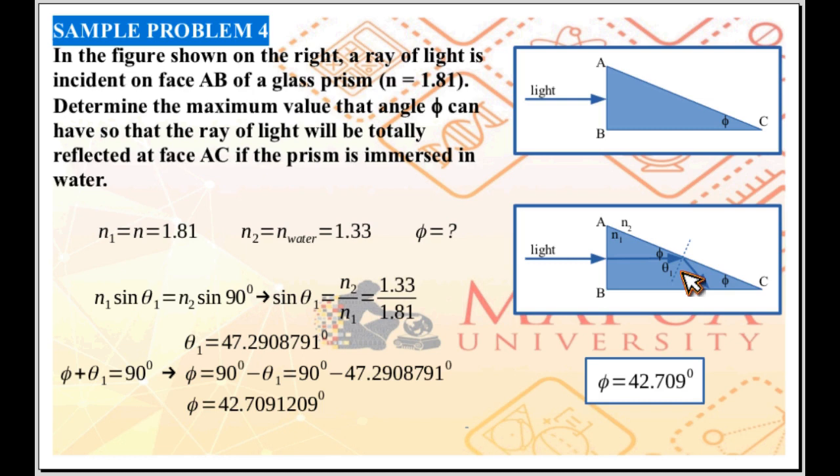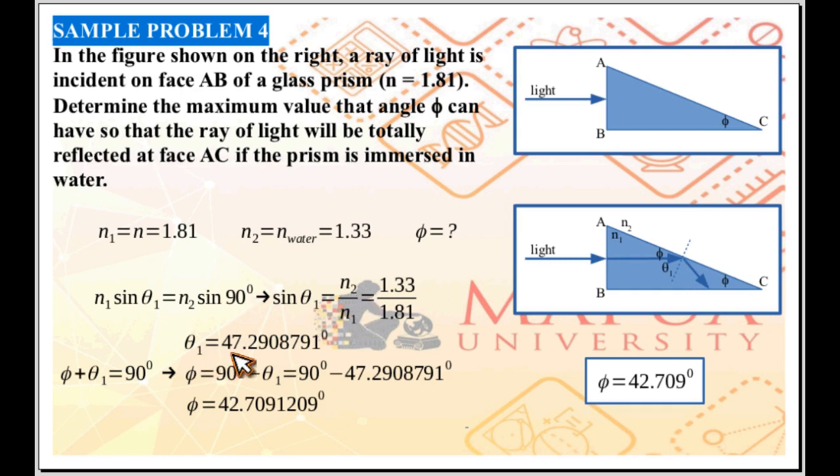For total internal reflection, Snell's law will give us N1 sine theta 1 is equal to N2 sine 90 degrees. The angle of refraction is 90 degrees, so that no light ray will be refracted. The light ray is totally reflected off side AC. Snell's law will tell us that sine theta 1 is just equal to N2 over N1.